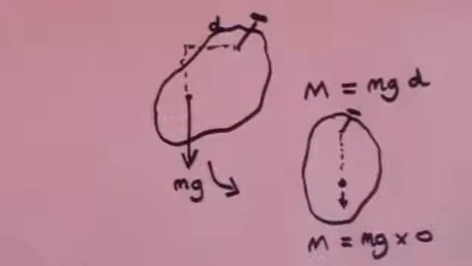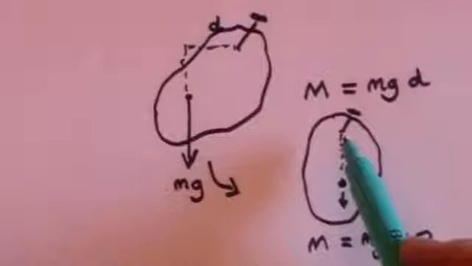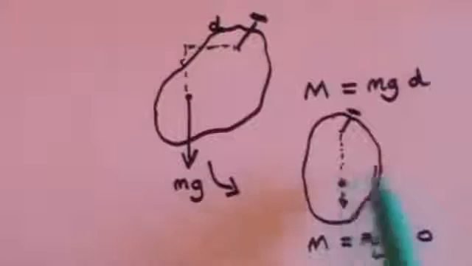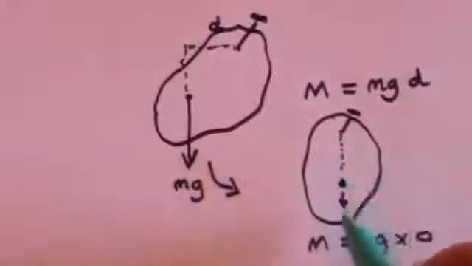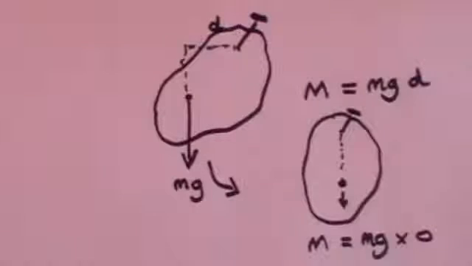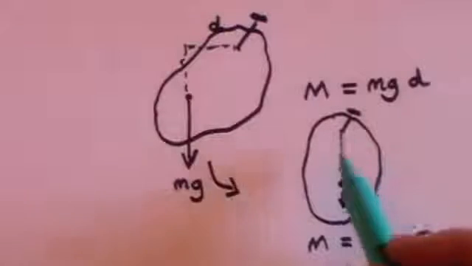So the moment of the force when the centre of mass is vertically below the pin is 0. There is now no turning force. That's why this doesn't swivel anymore. So a body will always come to rest when its centre of mass is somewhere, you don't know where, but somewhere below the pin. And that's why I drew a line vertically down, because I know that the centre of mass has got to be somewhere on that vertical line.